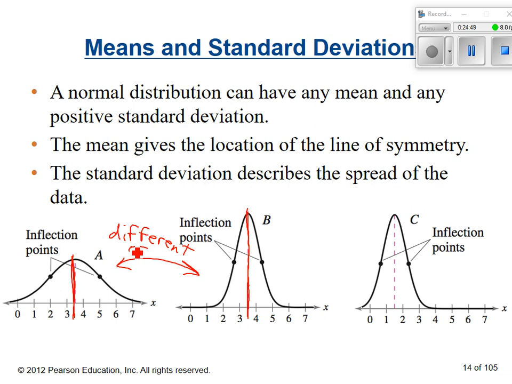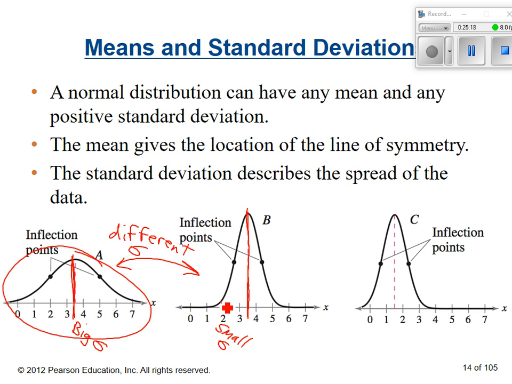What the sigma does is it either spreads out the graph or shrinks it up. So the sigma here must be bigger than the sigma here. This one has a smaller standard deviation, that's why it's more compressed.